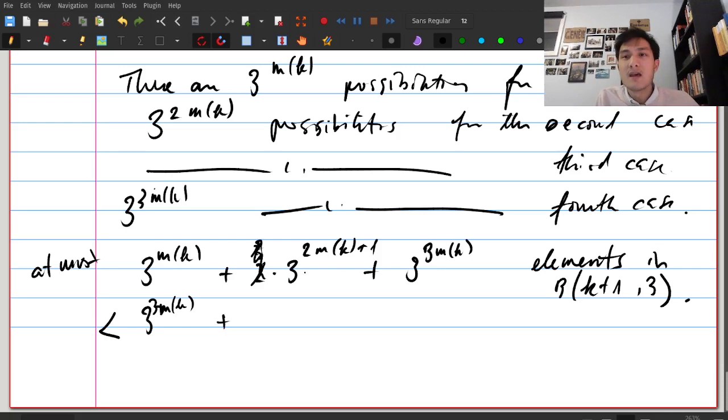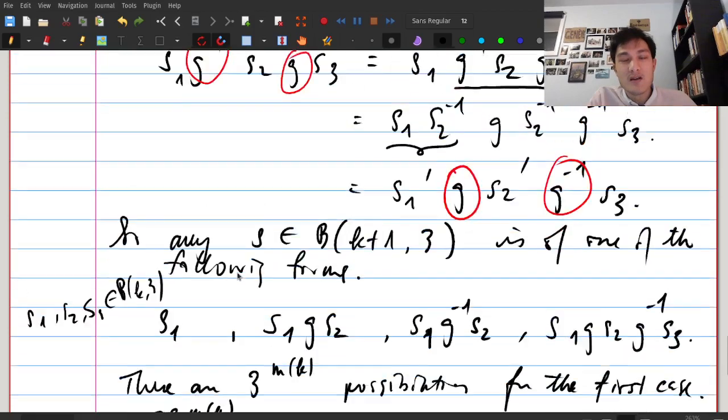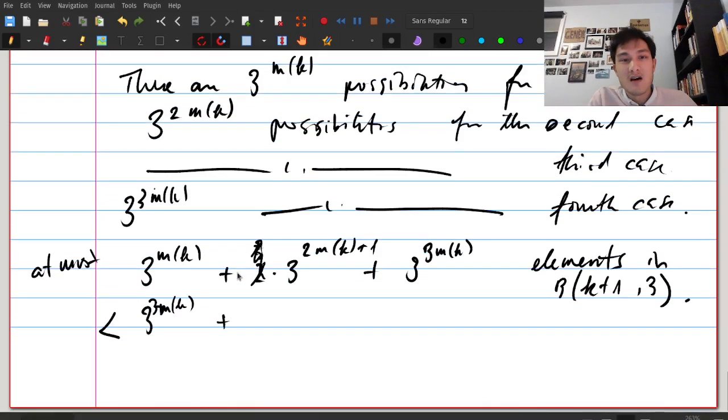But MK, remember, there's kind of an assumption here. MK is going to be at least 1, right? We already showed above that MK equals 1 when the group is cyclic. So it's at least 1. So 3MK is at least 2MK plus 1.